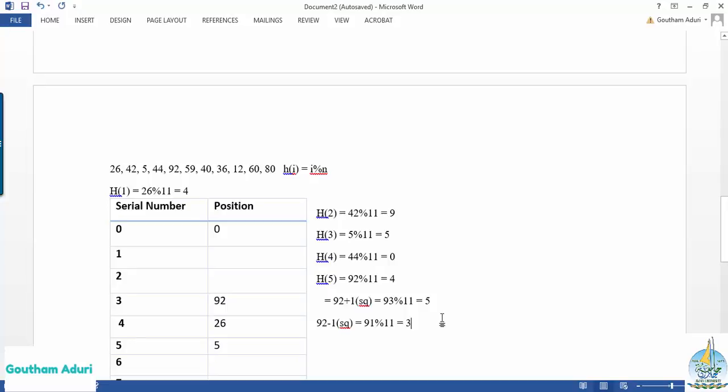Next comes h(6). It's 59 mod 11. 11 times 5 is 55, and the remainder is 4.